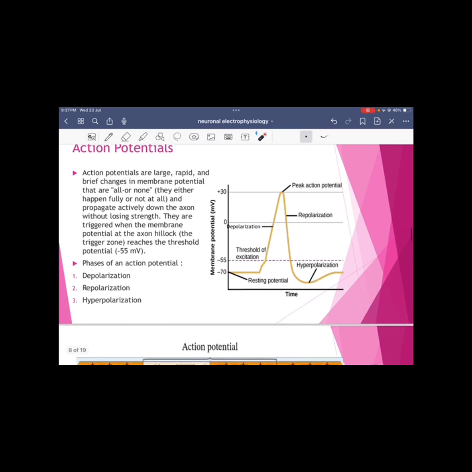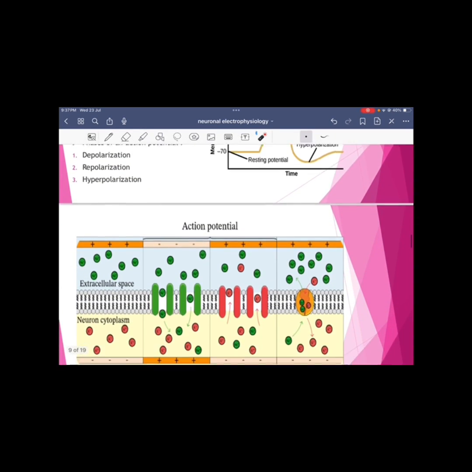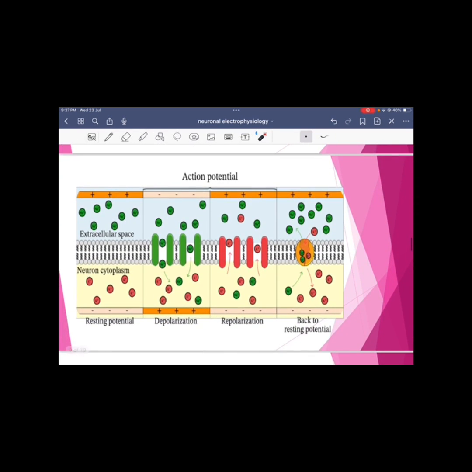And this positive charge will spread down the axon, and it will open more sodium channels. And at the end of the neuron, this will also trigger the opening of calcium channels. It is not present here in the picture, but this will happen also. Calcium channels will open, and those calcium channels will help release neurotransmitters to the next cell in order for the message to be transmitted from one neuron to another.